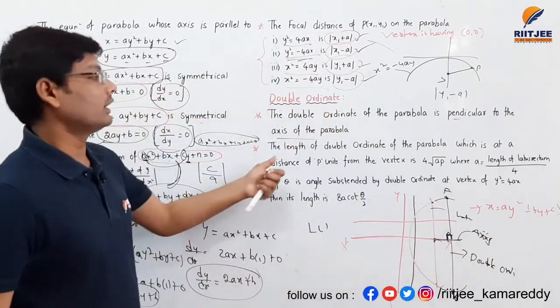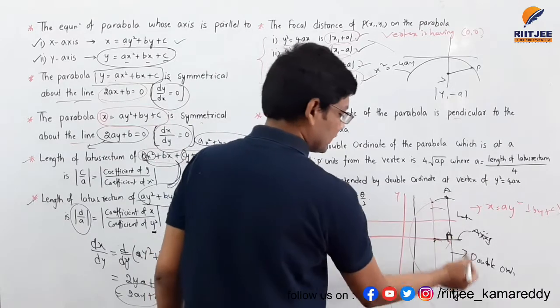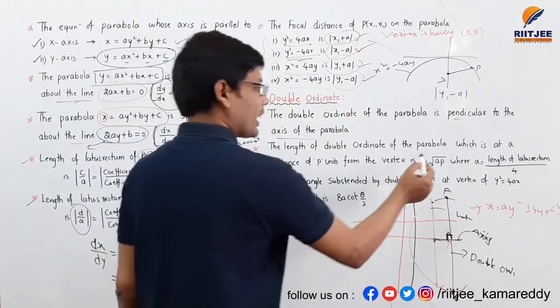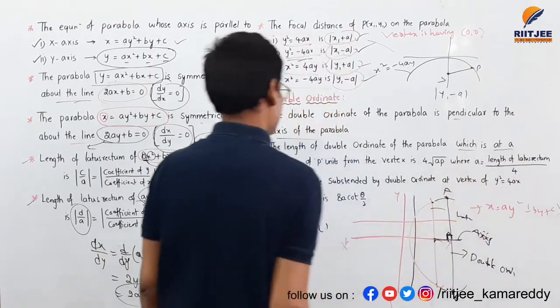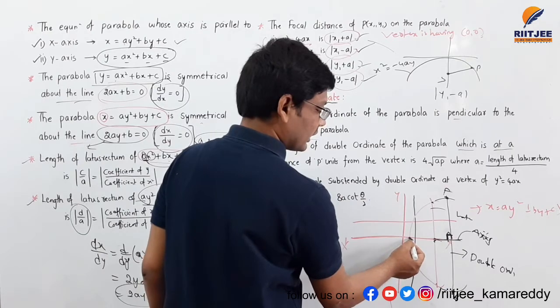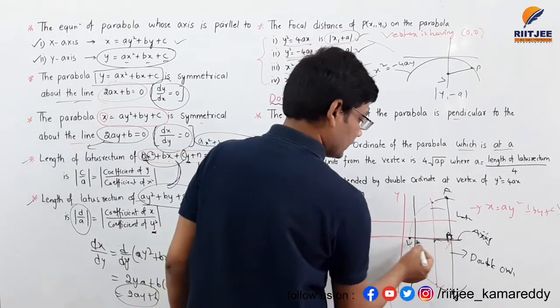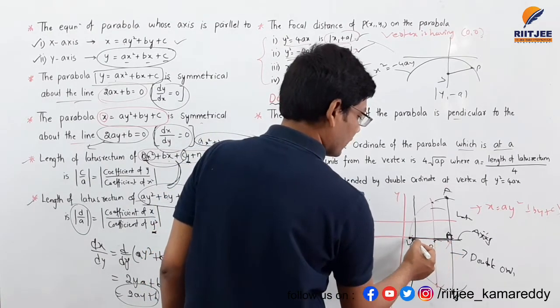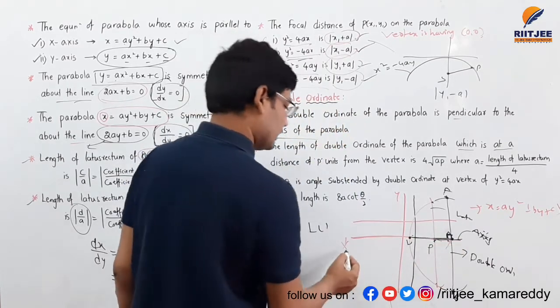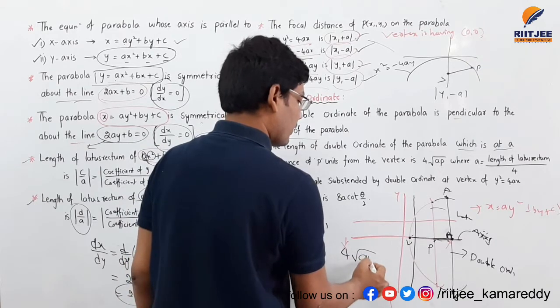If you want to find the length of the double ordinate, the distance between these two points of the double ordinate, for a double ordinate at a distance of p units from the vertex, this is the vertex V, and the distance from the vertex to the double ordinate on the x axis is p, then the length is 4 into square root of ap.